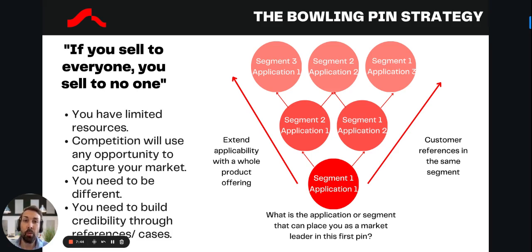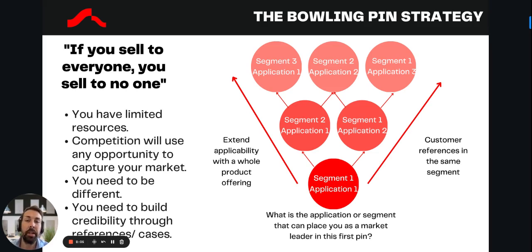So the sooner you win one of the segments, the more protected you will be, because you can prove that you are the market leader with plenty of different wins and use cases. You can prove that, and that means attracting more risk-averse buyers, and that means they won't go with the competition. So that means building a defensible barrier.